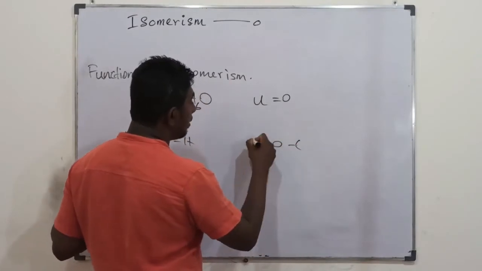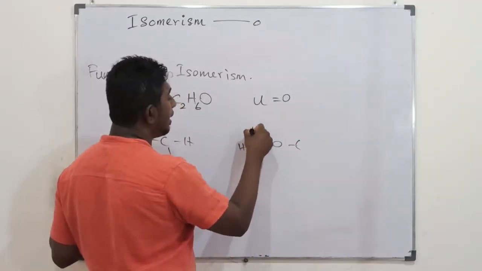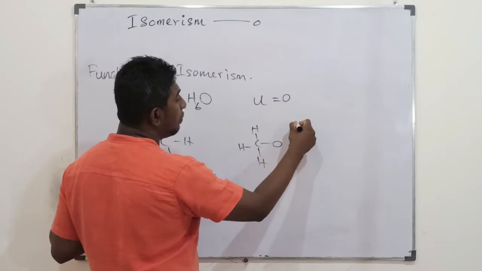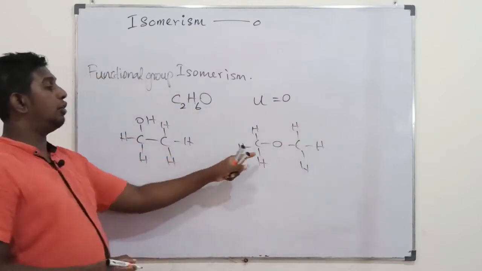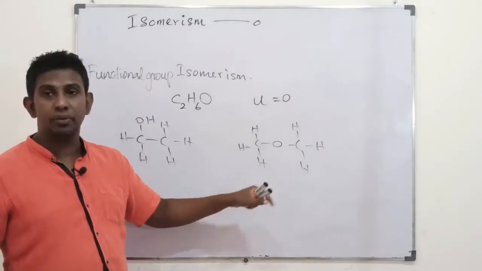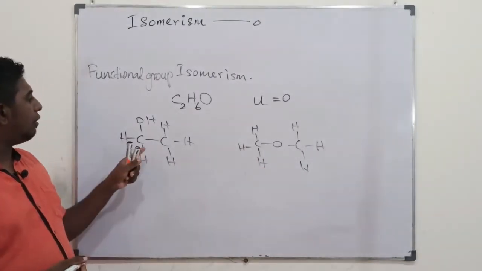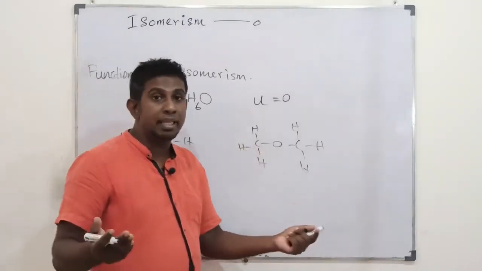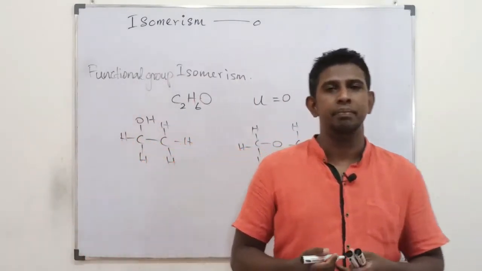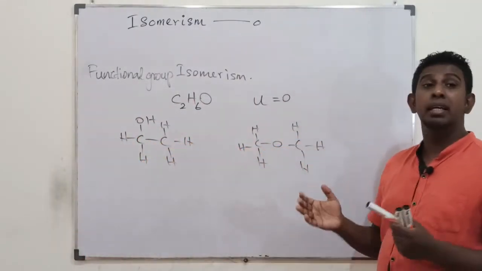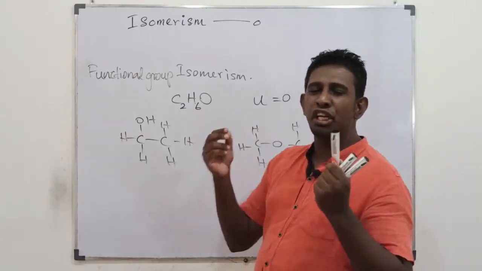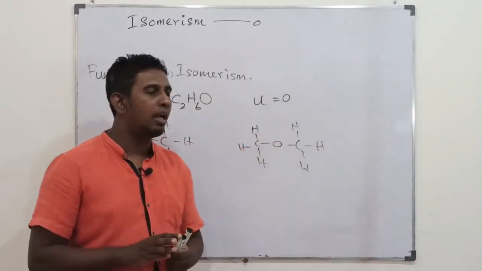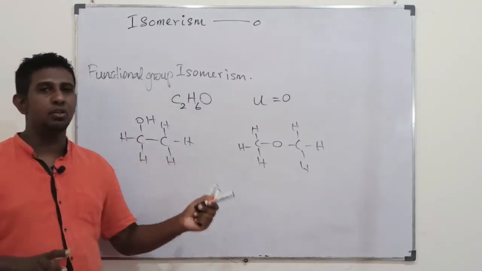So students, I could draw an ether as well. This kind of compounds are referred as ethers. When you have two alkyl groups at two sides of oxygen with single bonds, then you could have ethanol and this is dimethyl ether, the two possible compounds standing for this molecular formula having different structural formulae, having different functional groups.